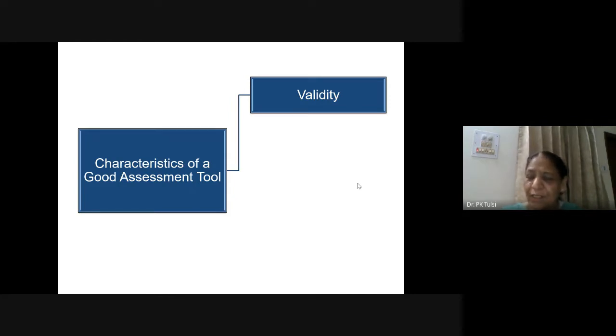If it is a class test, maybe 1/3, say 3 to 4 topics you have covered. So all those 3 to 4 topics need to be included in your question paper.